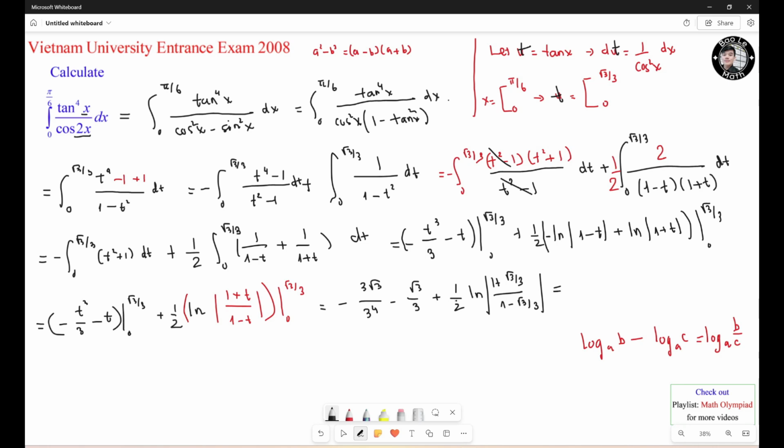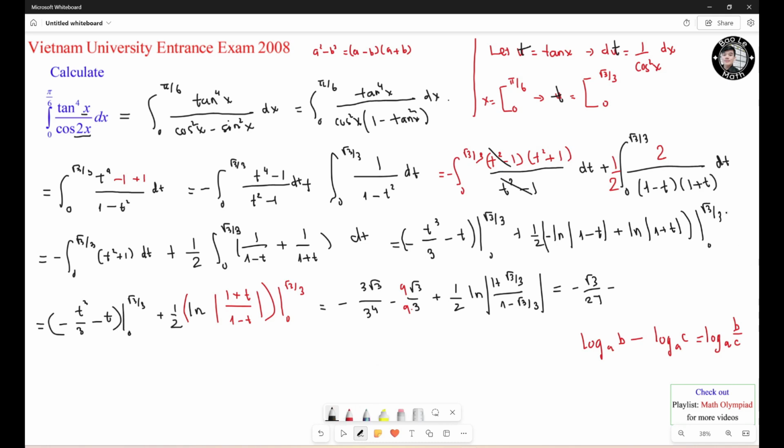Now, it turns out to be, this one is going to be negative root 3 over 27 minus the second one right here, because I have 27 right here, so the second one right here, I just multiply the top and bottom by 9. Alright, so I have 27, right?